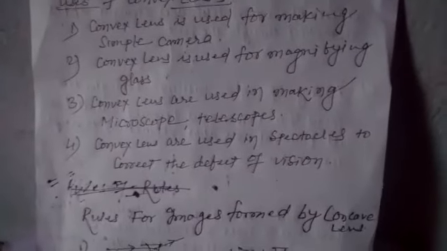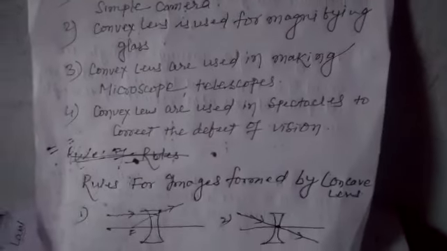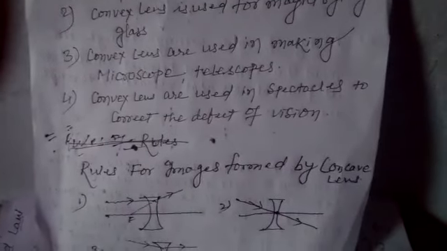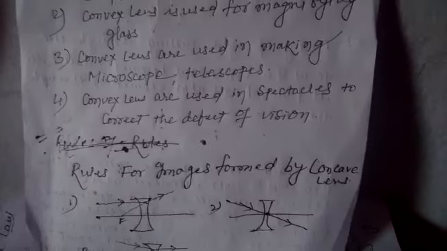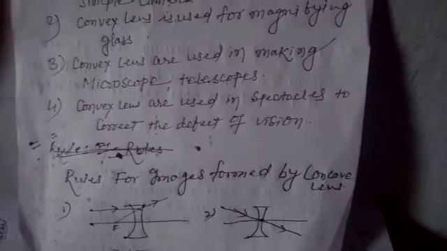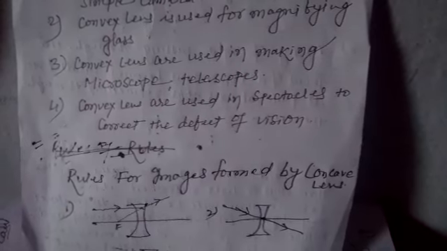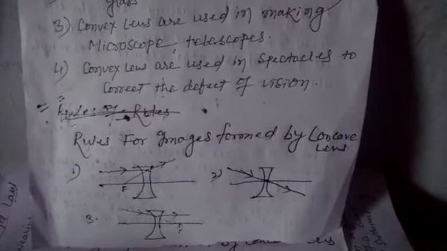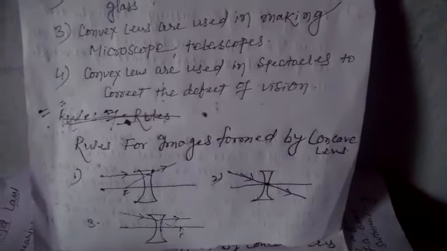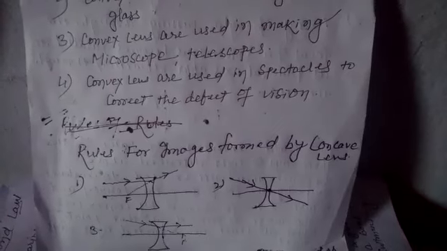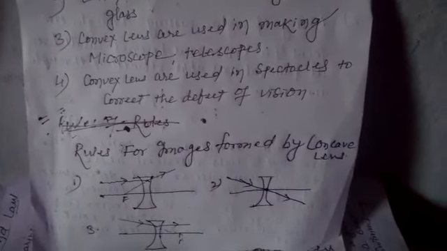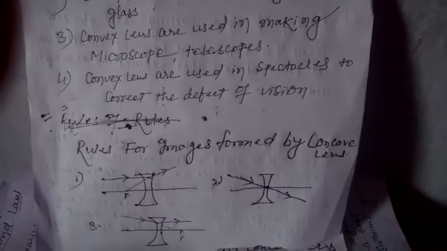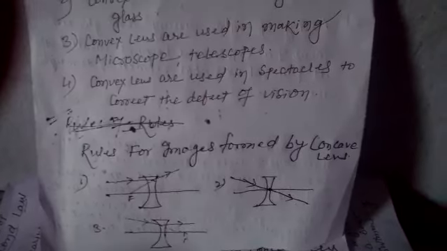Just like in a convex lens, the rules of image formation in a concave lens: first, a ray parallel to the principal axis, after diverging, passes through the focus.